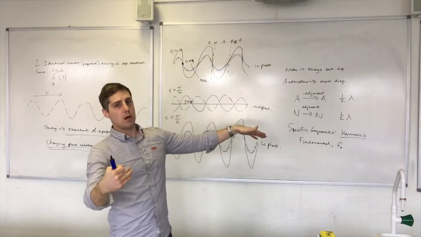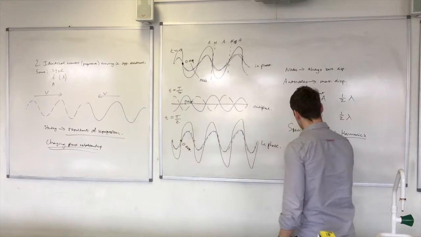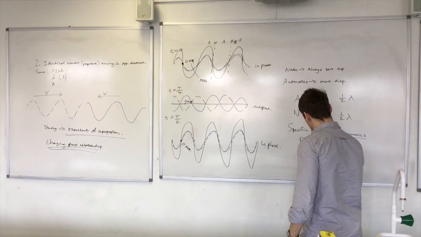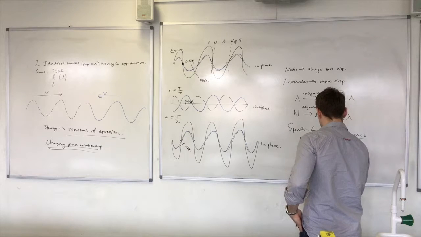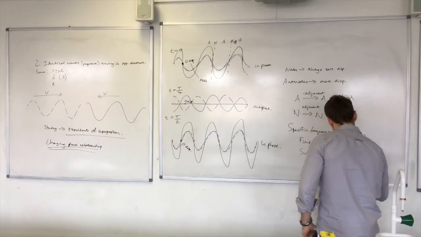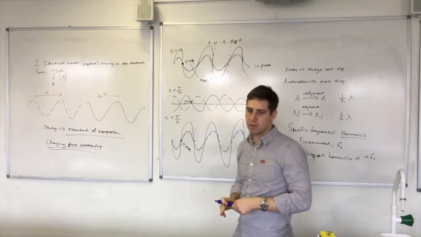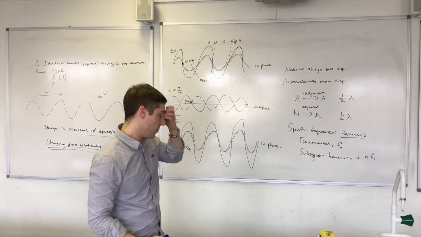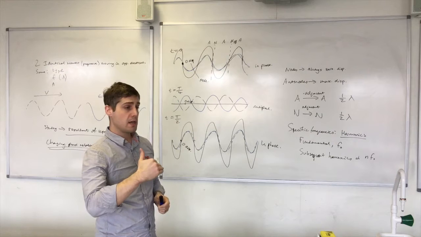Any subsequent harmonics will occur at a multiple of F0. So if we call that nF0, where n is some number, an integer, multiplied by F0, but not necessarily going up.